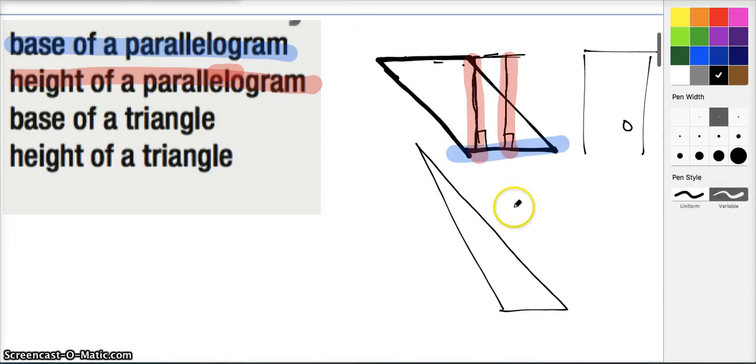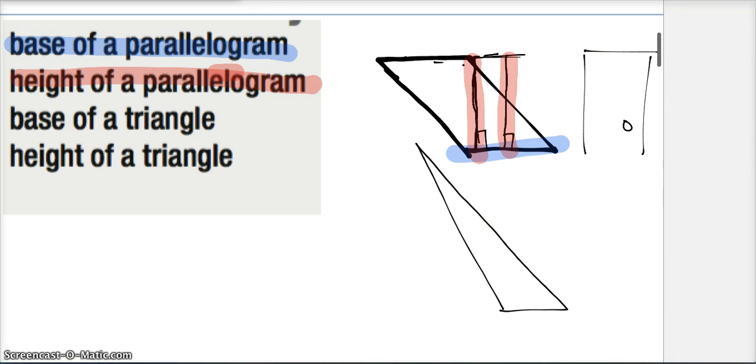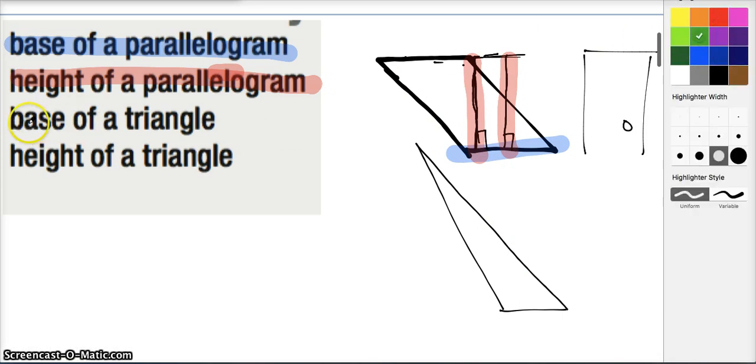And so if this is the base of the triangle, and again, remember, it doesn't have to be any particular side, but I'm going to make it this side right now, the height of the triangle is going to be the distance from the opposite vertex straight down and perpendicular to either the base or the segment containing the base, or the line containing the base.